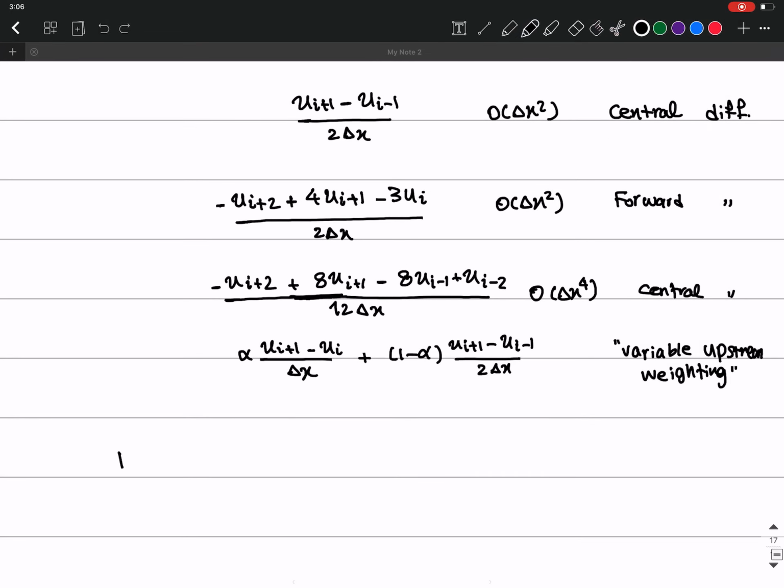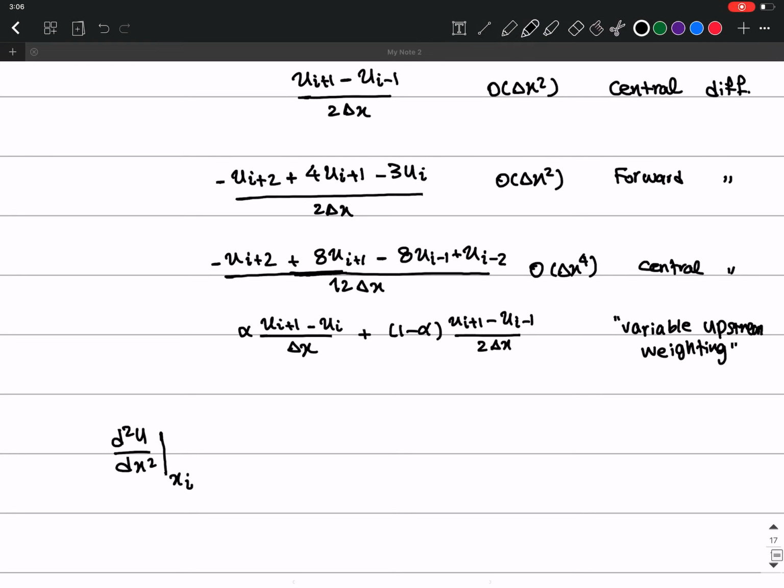And then let's look at the second derivative. When we have d squared u over dx squared evaluated at x_i, this can be approximated as (u_{i+1} minus 2u_i plus u_{i-1}) over delta x squared, and this is order delta x squared, and this is a central difference.